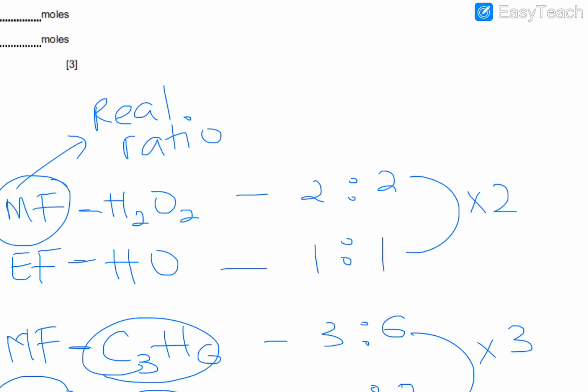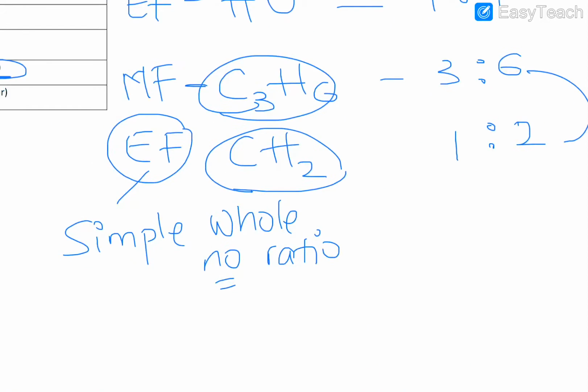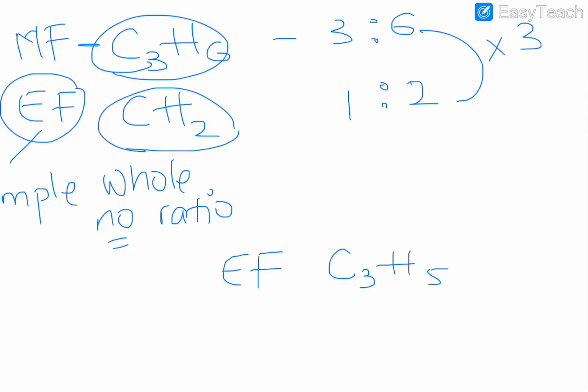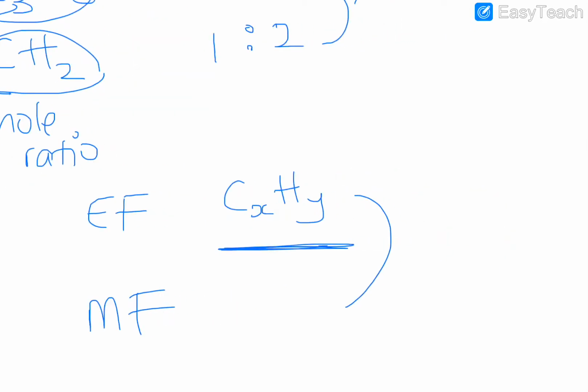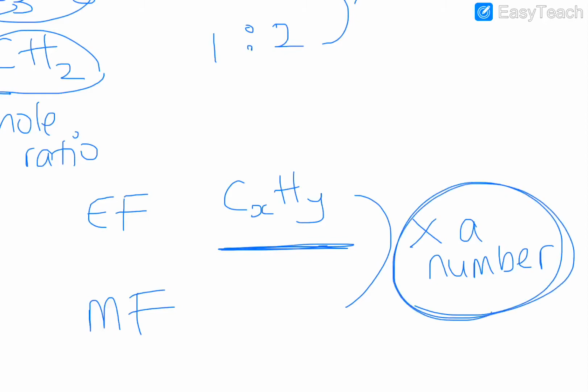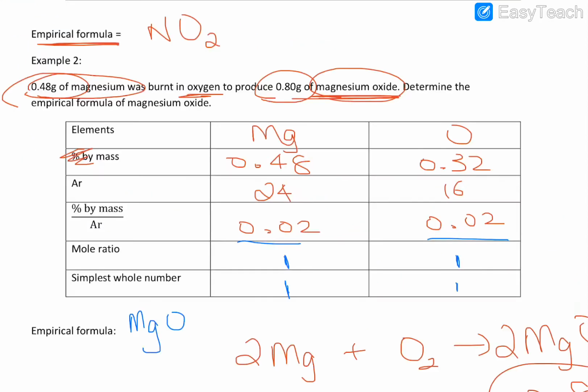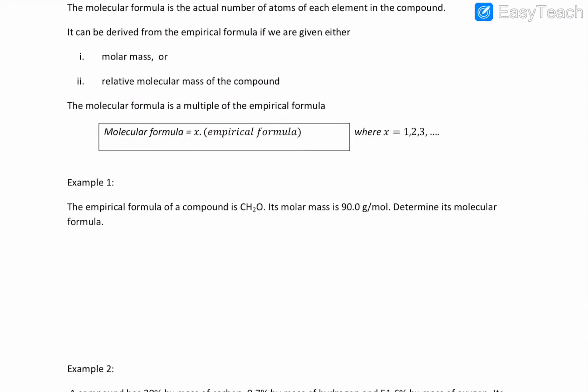Here we're multiplying by 2. If I have this empirical formula, for me to find the molecular formula, I know that I need to multiply by a number. If I know this number, I can get the molecular formula from any empirical formula. So this is what we're going to try to do.